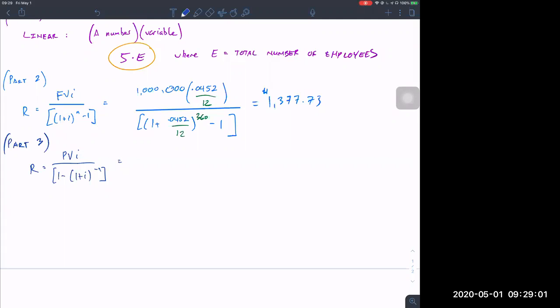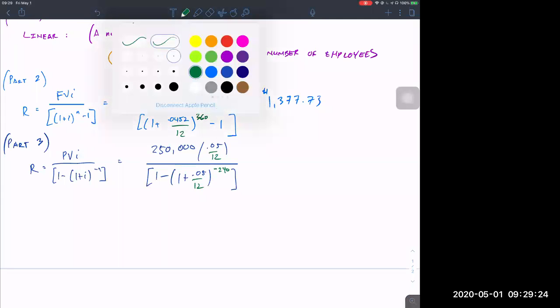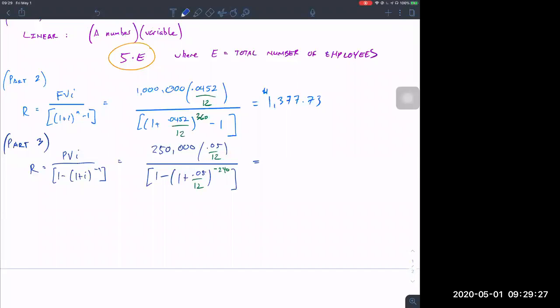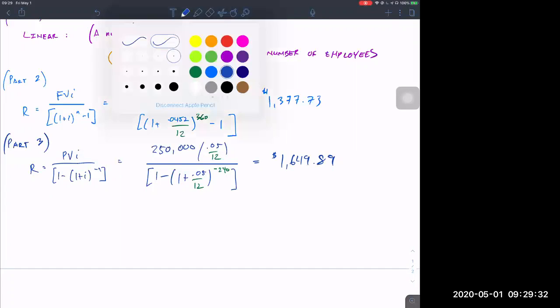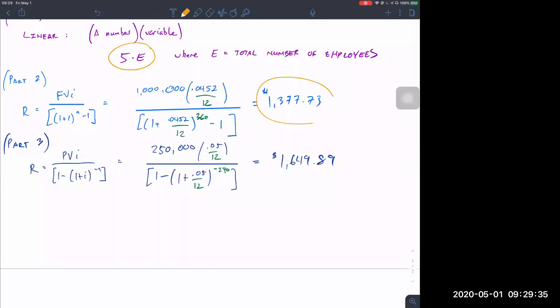So that one comes out to be 250,000 times 0.05, over 1 minus 1 plus 0.05, and again our numbers divided by 12, to the negative 240. And it's equal to 1649.89.